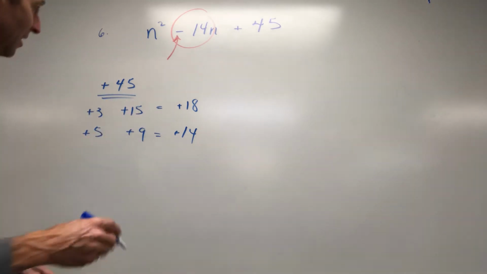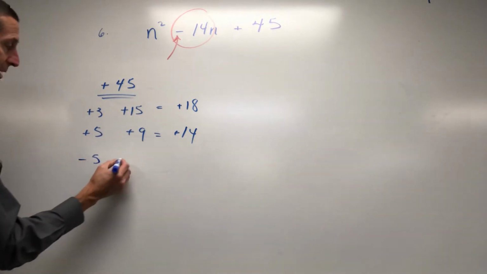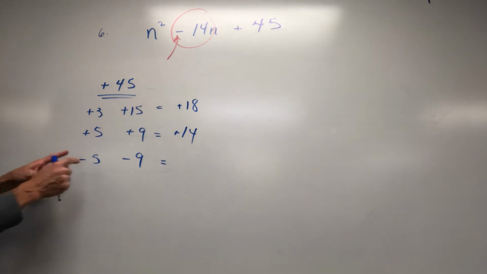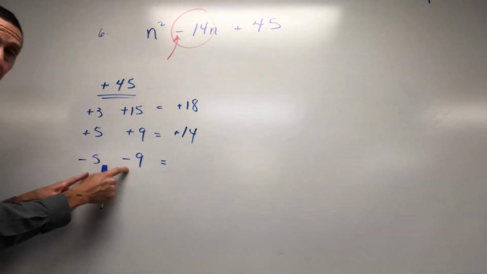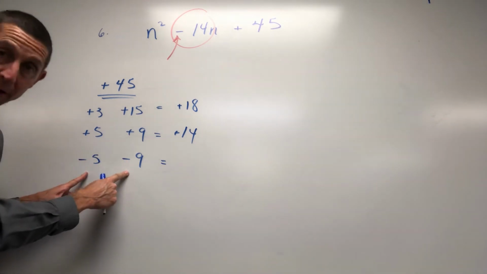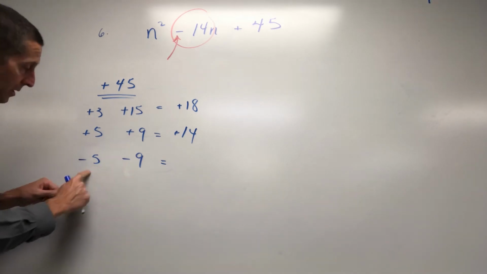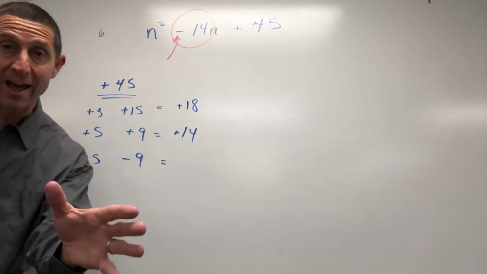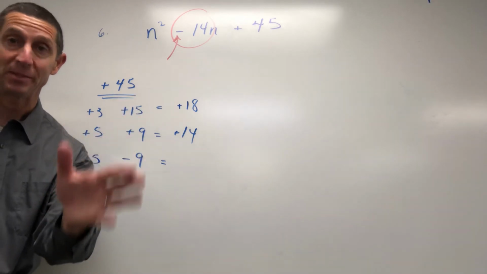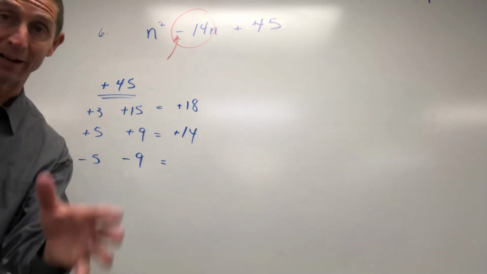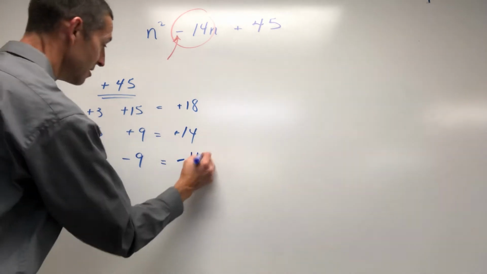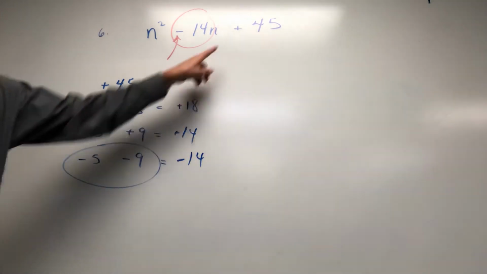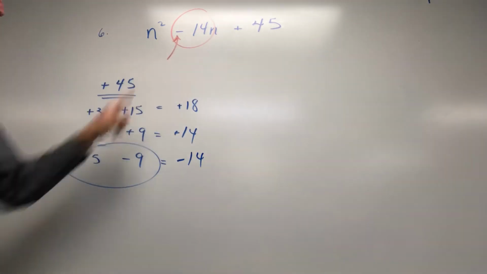Watch this trick. I can go negative 5 times negative 9. Negative 5 and negative 9, two negatives, multiply to give me a positive. Negative times negative does give me a positive. But when I add two negatives, it becomes negative 14 for my answer. So be on the lookout for that when this is a positive and that's a negative.